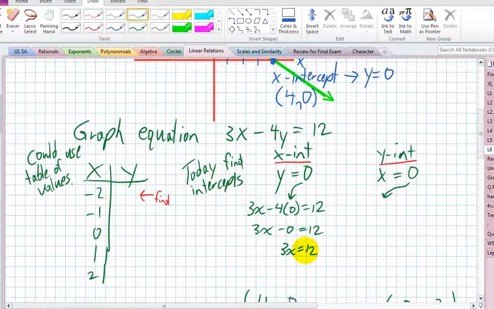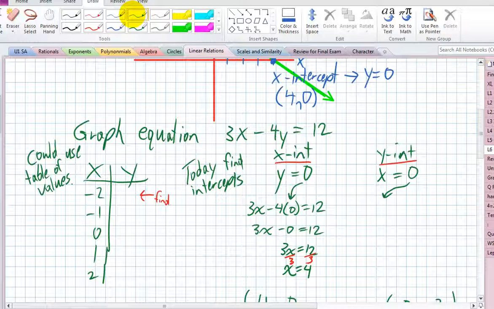So what do you do to find out x? Divide by 3. So x equals 4. Okay. So we're doing our substitution and solve. Divide by 3, divide by 3. Okay. Any questions?